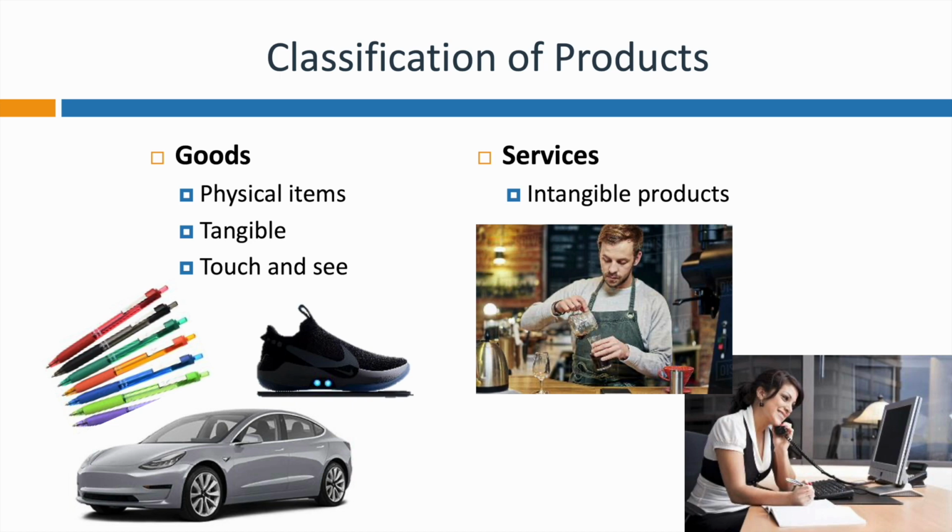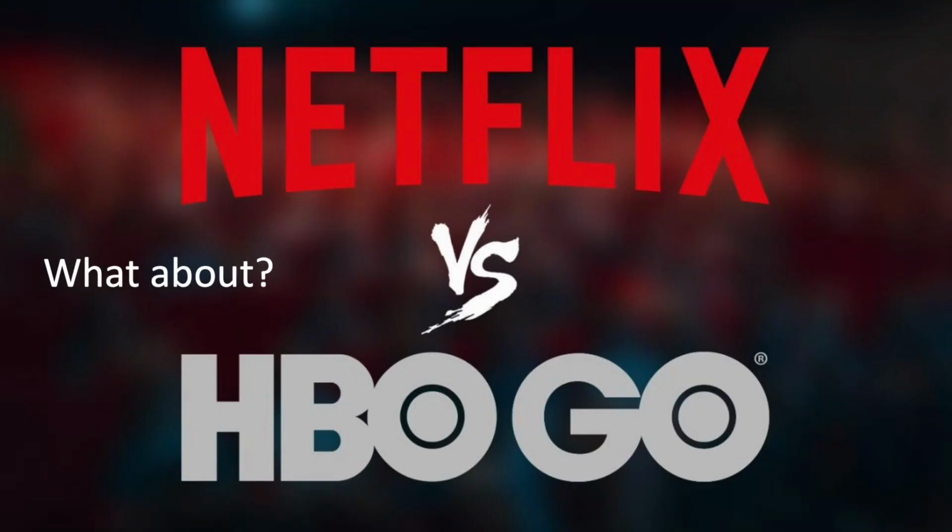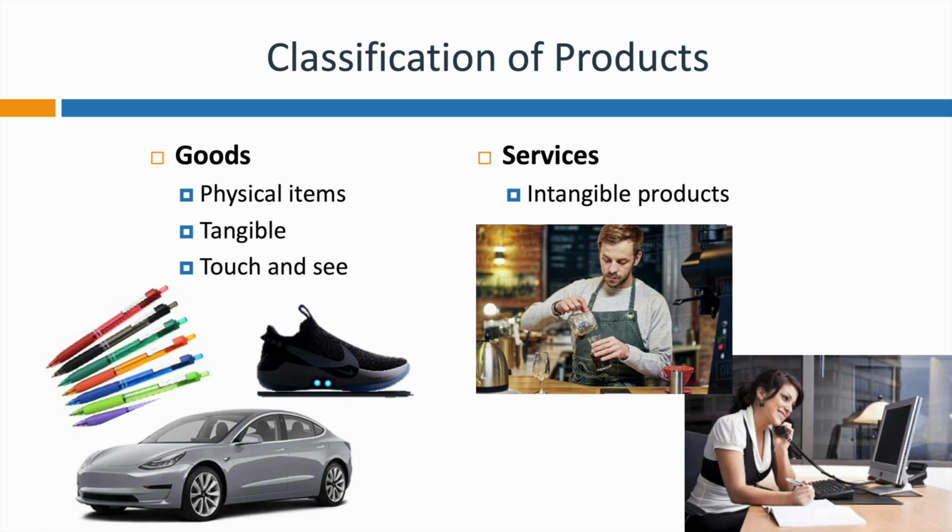Okay, here it might be interesting to discuss, what is, for example, Netflix or HBO Go. Would that be a good? Would we classify that as something tangible? Or would we classify it as a service? Because in these examples, the difference is quite obvious.